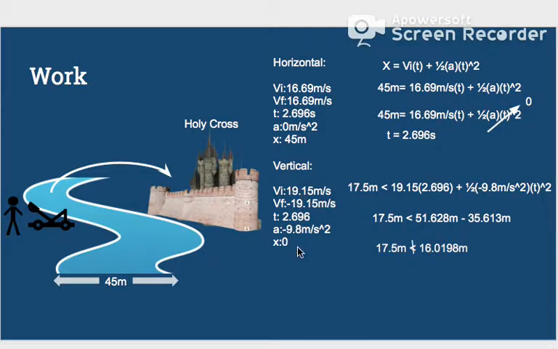Now for the vertical component. We know that the wall is 17.5 meters high. So we want the y component, or the vertical component of the rock, to be greater than the 17.5 meters. That means it will go over Holy Cross's wall.